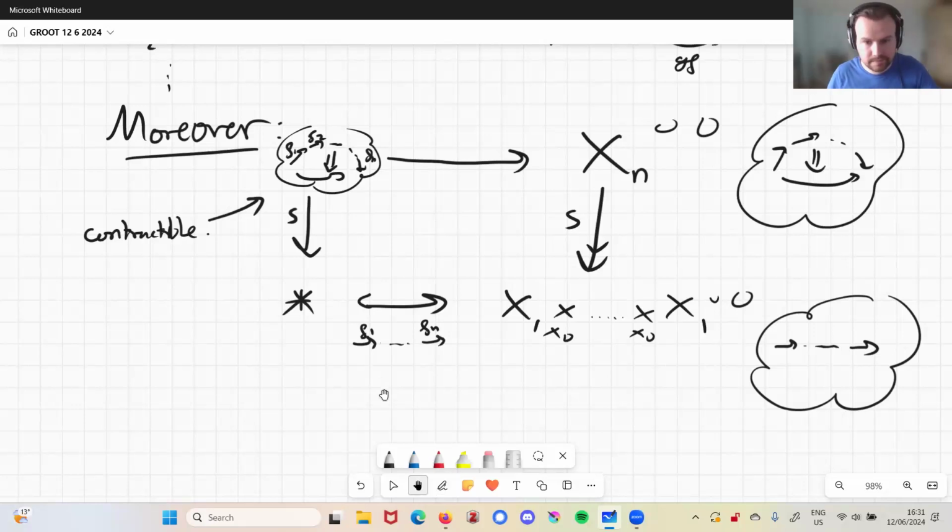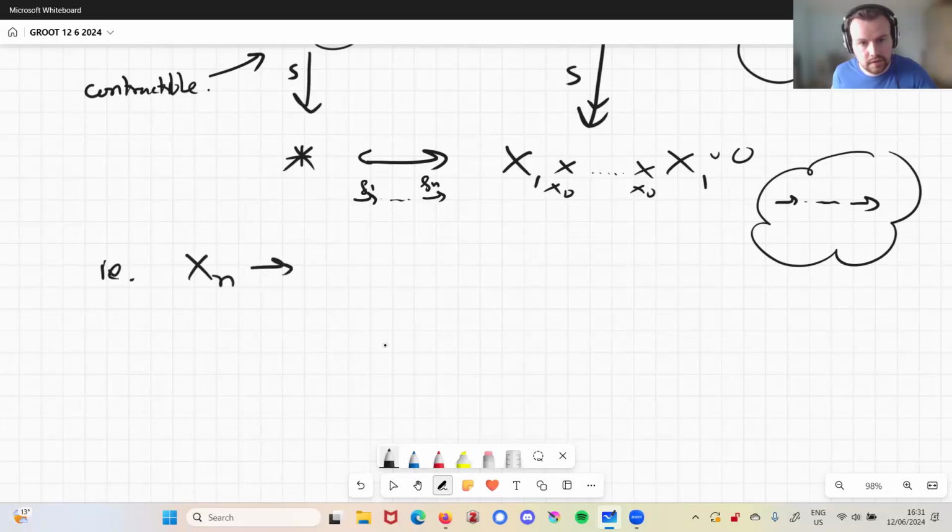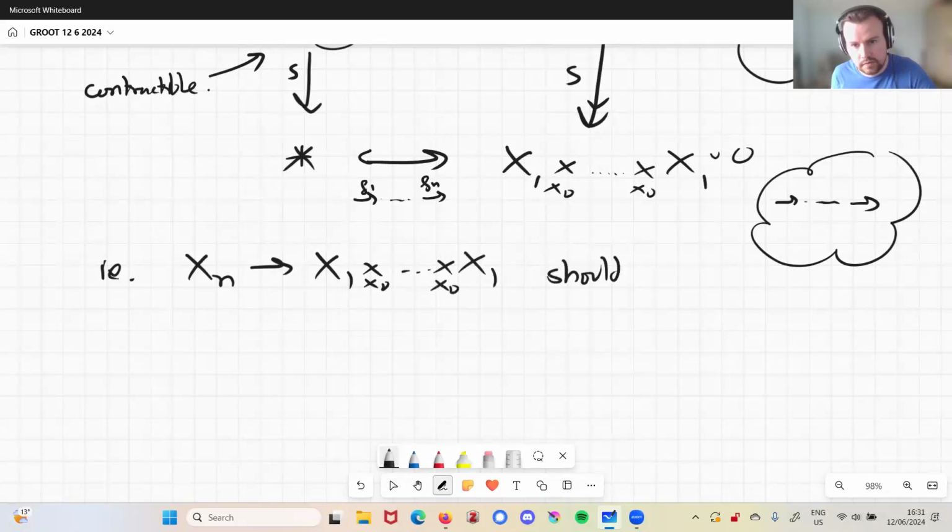Contractible also means non-empty, right? Okay. So that is to say that Xn to X1 times over X0 of X1 and so on should be a trivial fibration in some sense.